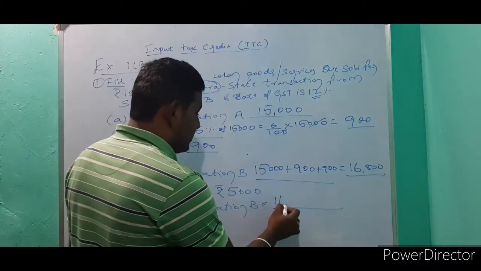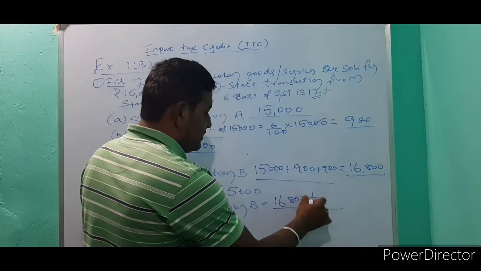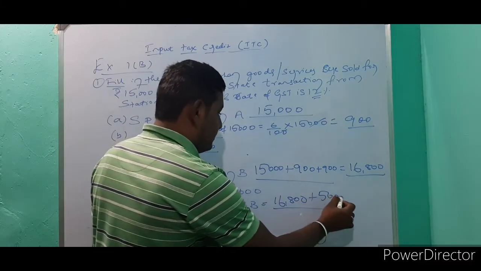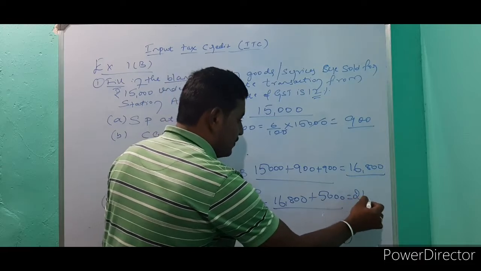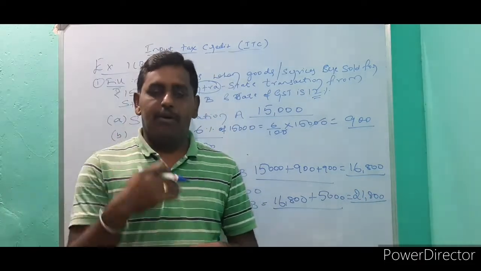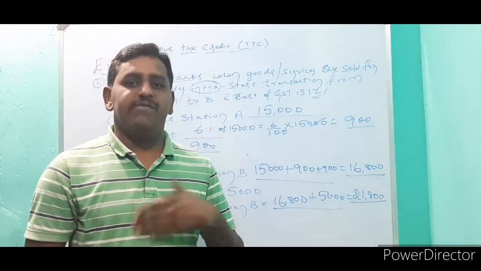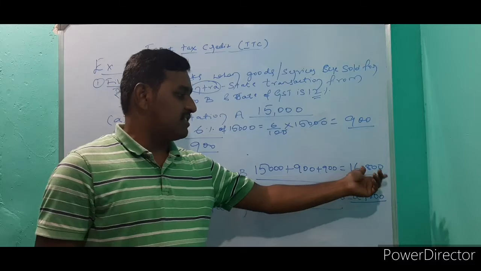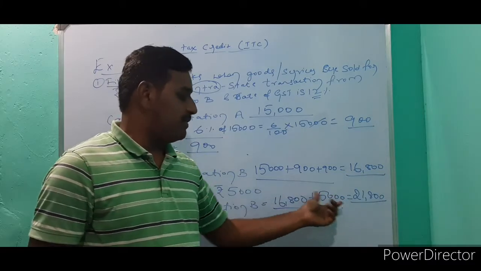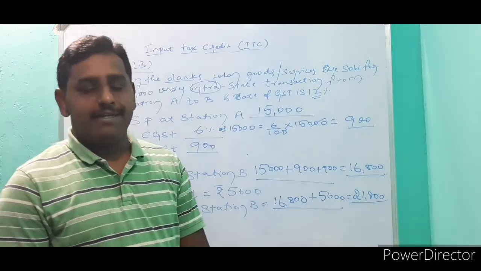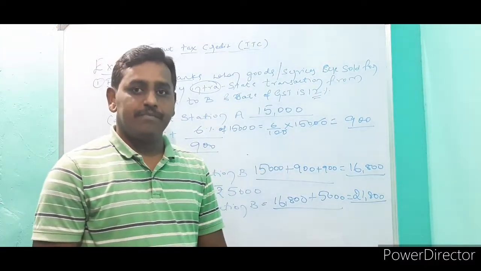That means the selling price is 16,800 plus 5,000, which is equal to 21,800. This is the selling price. B wants to make a profit of 5,000, so after B's cost of 16,800, adding the 5,000 profit you will get 21,800. It is the selling price of B.